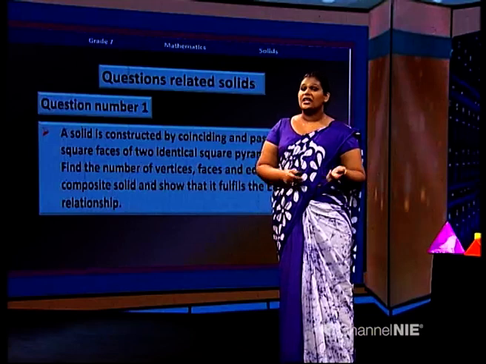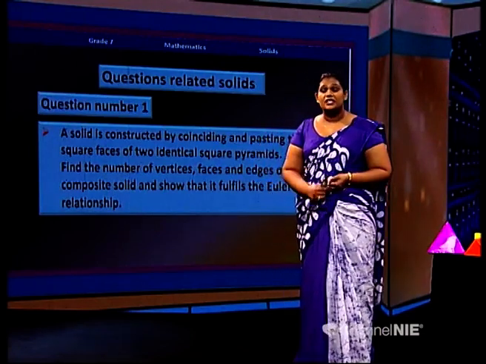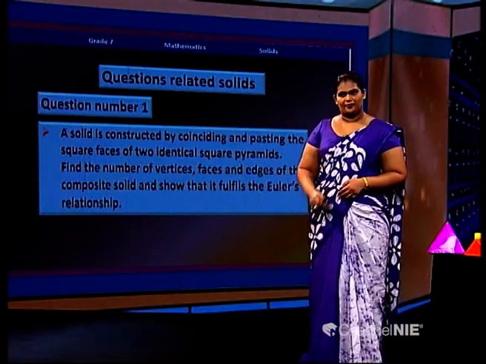Now, here in this question, there are two parts. First, we have to find the number of vertices, faces and edges. Then we have to show that this solid fulfills the Euler's relationship. So, we will take the question part by part.